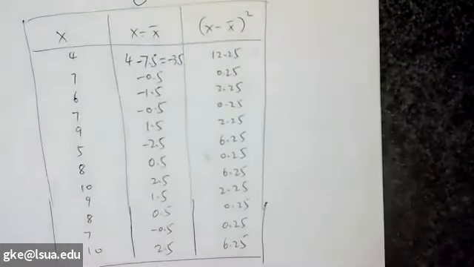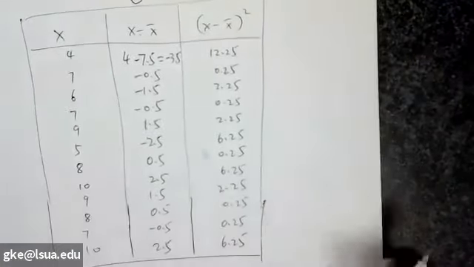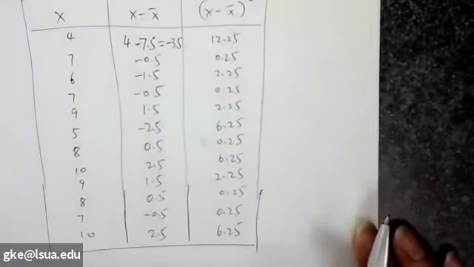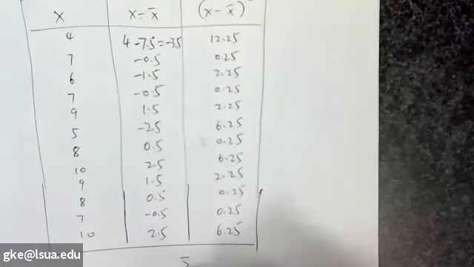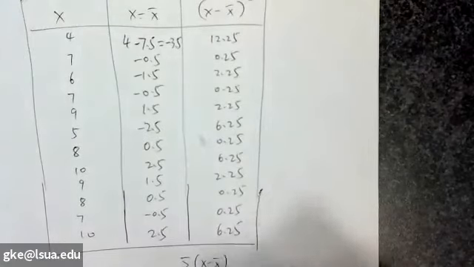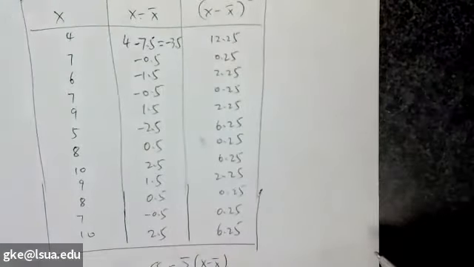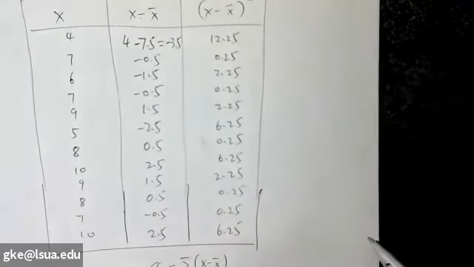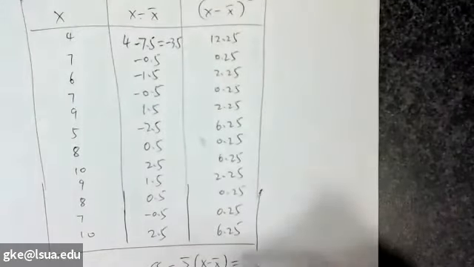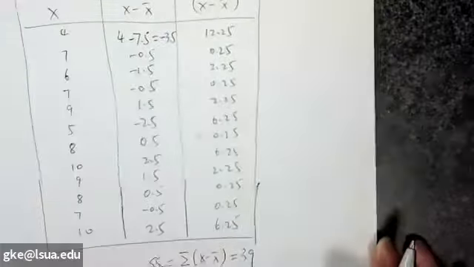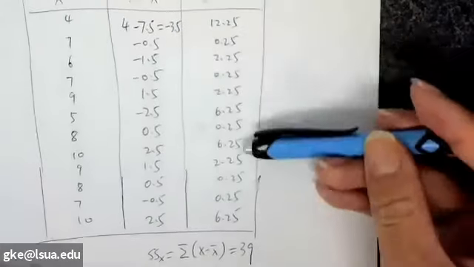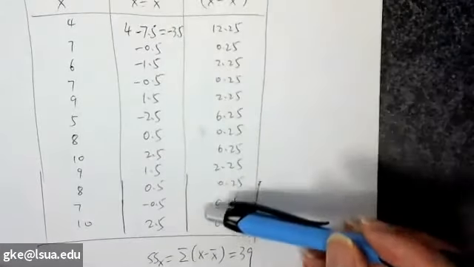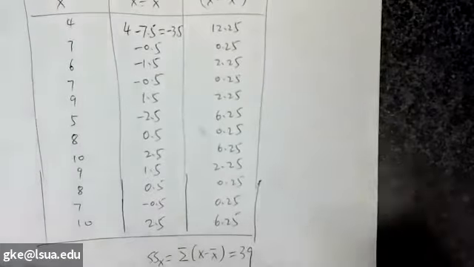Okay, we finished all of them. Now we can calculate the summation of the second column. Of course, you can call this the sum of squares. And this gives you the value 39. If you add all these values together, you're going to get 39.